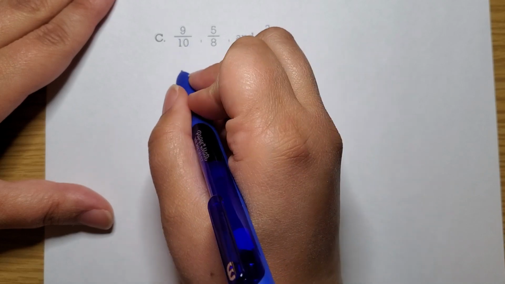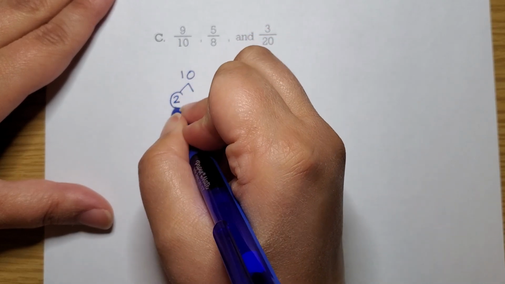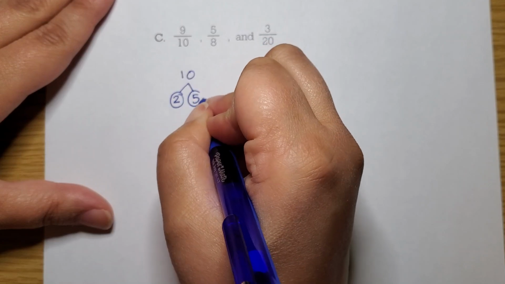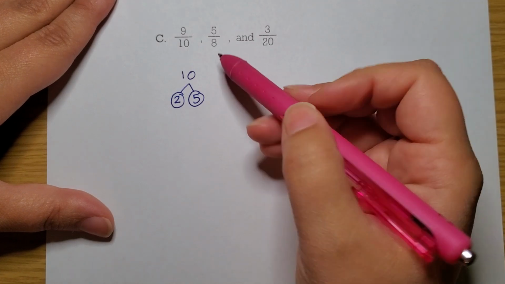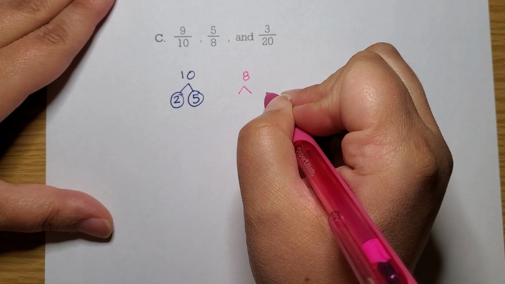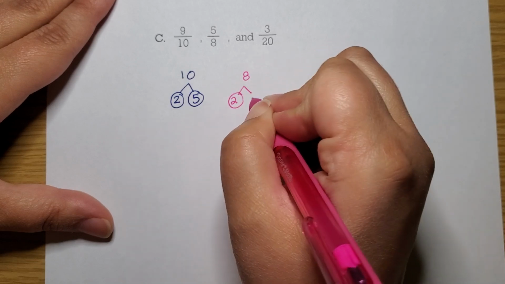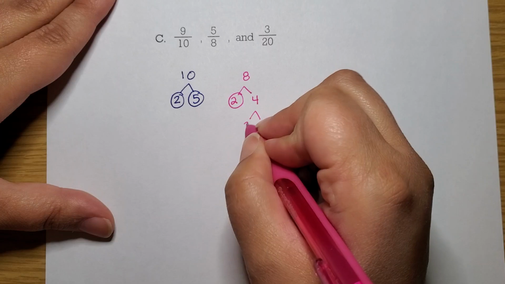So I'm going to start with 10. 10 is nice. It splits into 2 times 5. The next denominator is an 8. 8 splits into 2 times 4, and then 4 is going to break into 2 times 2.